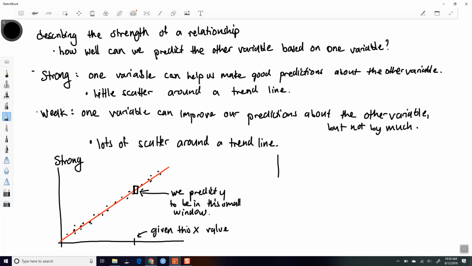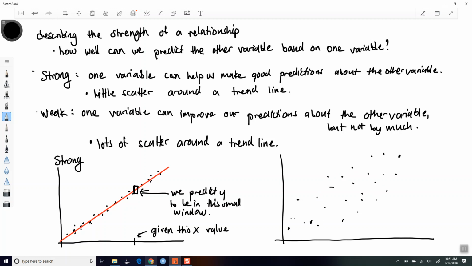Okay, and on the other hand, for a weak relationship between x and y, we'd see a lot more scatter. Something like this, okay?